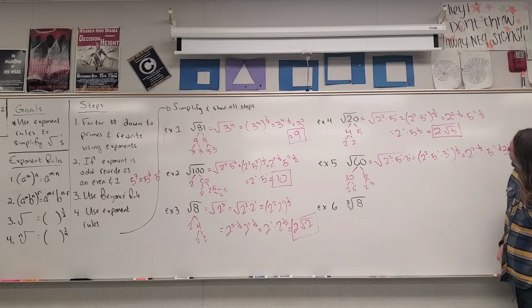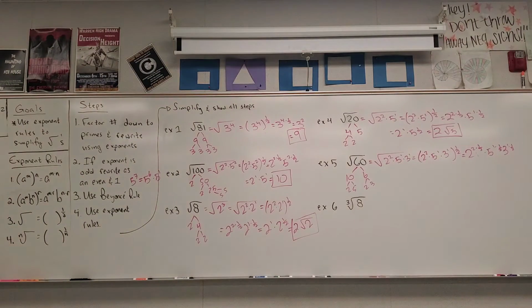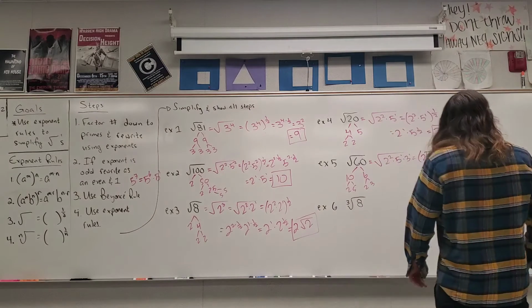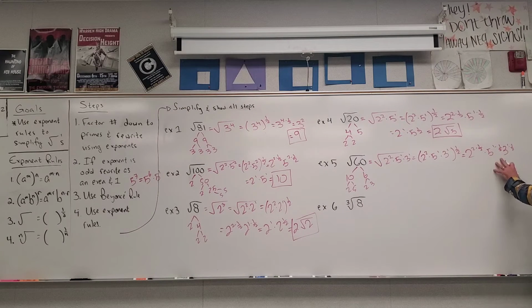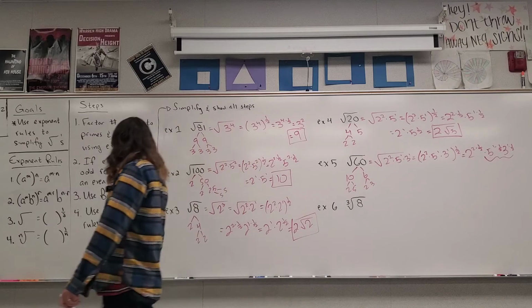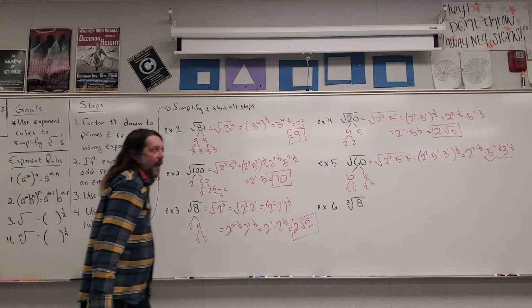Let me make sure I didn't go off the board. I do this every lesson. Oh, and I just barely fit. Okay, wonderful. Now I want to point something out before we move on. The R is a 1/2, so we can put the R on the outside.